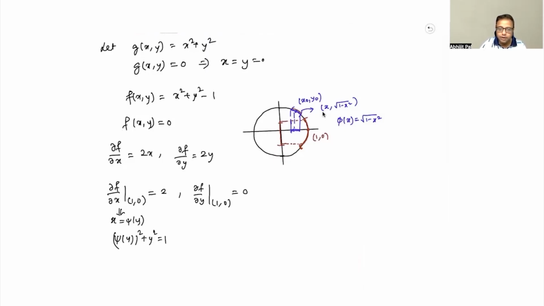Now let me do the general case. This was one example. The general case is called the implicit function theorem. I will not prove the theorem, I will only state it. So what does it state?